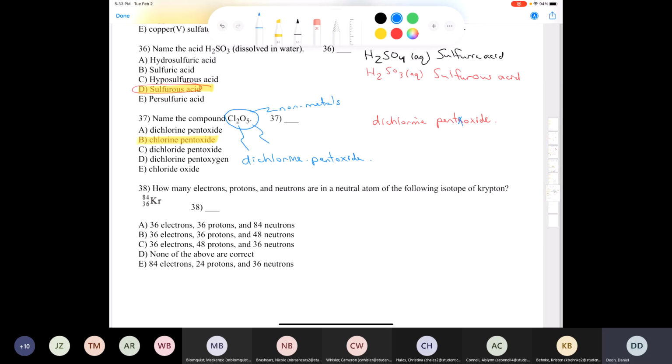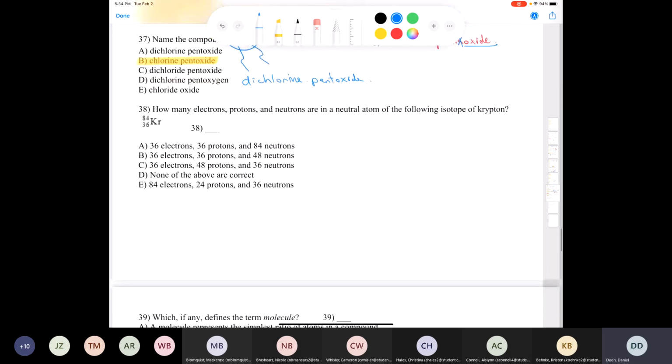One of them's dichlorine pentoxide and dichlorine pentaoxide. Okay, I'm never going to try to trick you like that, but the rules are shown in the book, and I go over them in the videos as well. That when the anion starts with a vowel, like O is a vowel, you drop the A. And again, that's a kind of a nuance that I'm not going to stress about on an exam. Okay. As long as you have the idea down, you'll be able to find the right answer.